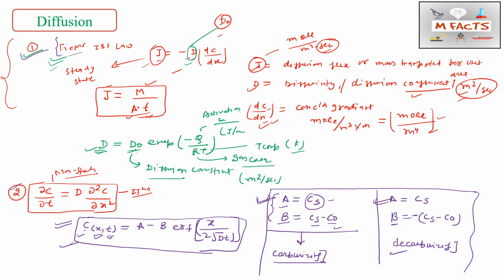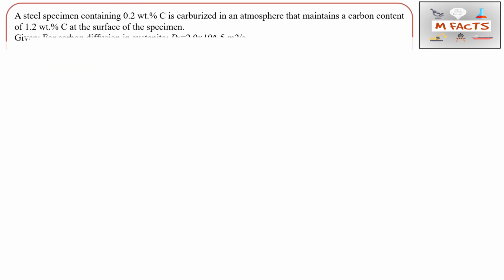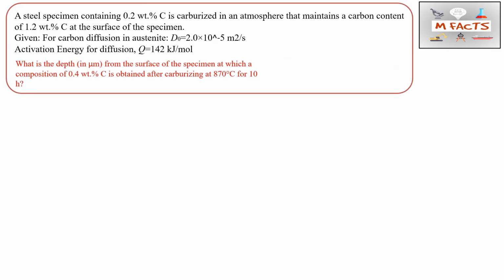Now we will see an example of a numerical problem on Fick's second law. The question is: a steel specimen containing 0.2 weight percent of carbon is carburized in an atmosphere that maintains a carbon content of 1.2 weight percent at the surface of the specimen. So what values are given?